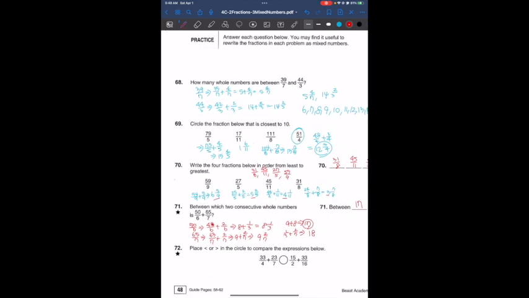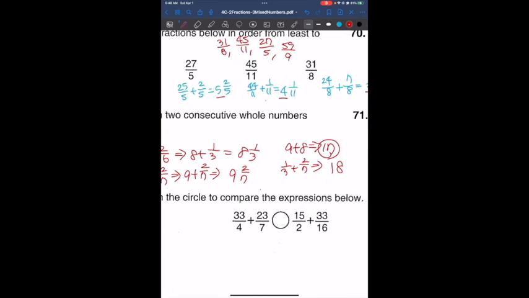Now problem 72 says place inequality signs in the circle to compare the expressions below. So we have 33/4 plus 23/7.